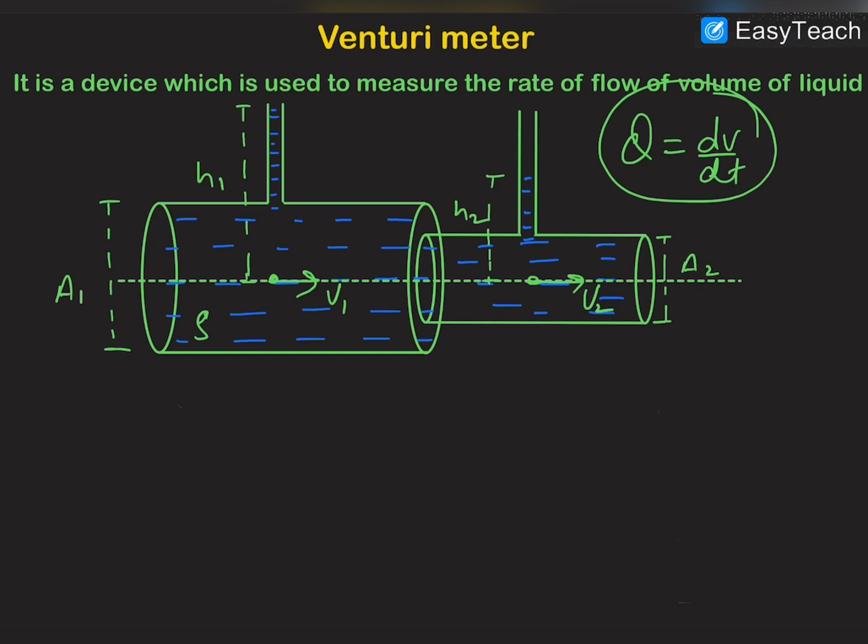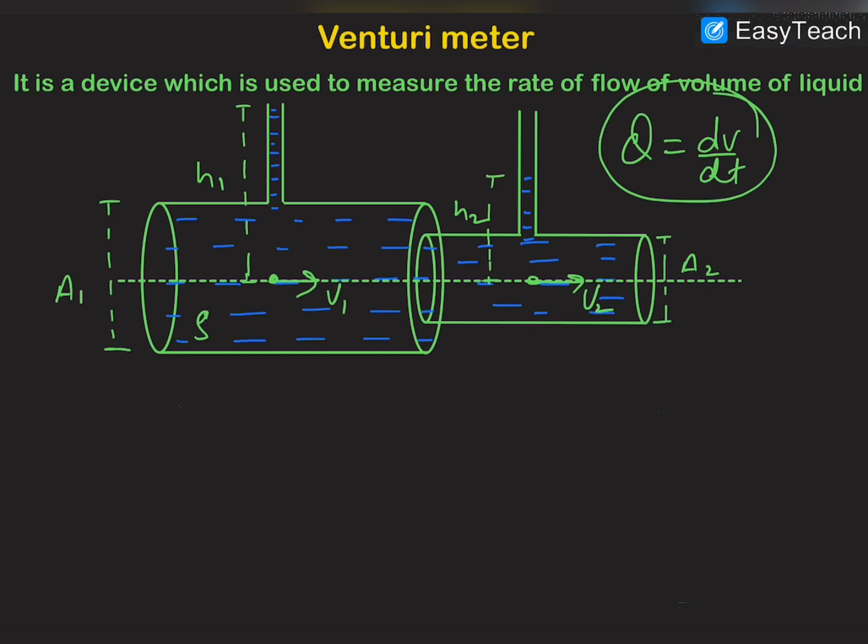Now first of all, let us see that a Venturimeter looks like this. There are two cylinders connected to each other, and they are coaxial, their axis is the same, but they are connected one after another, and there are two tubes which are connected with these cylinders.